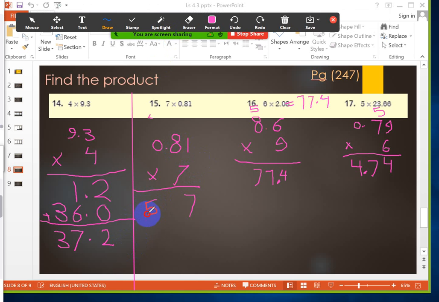I have to put 56, not 50. What about the decimal point? Where do I have to put it? Look, I have 2 digits after the decimal point, between 6 and 5. Very good. So it will be here after 2 digits. Thank you so much, Ghazlan.